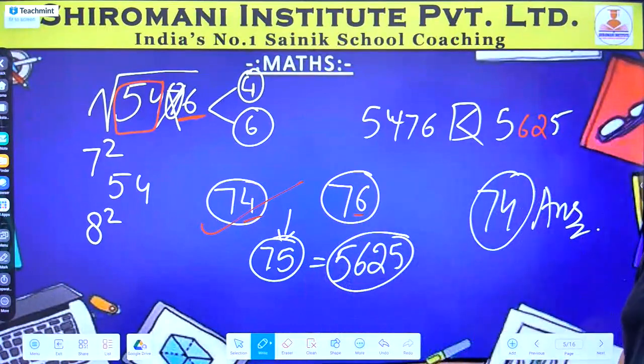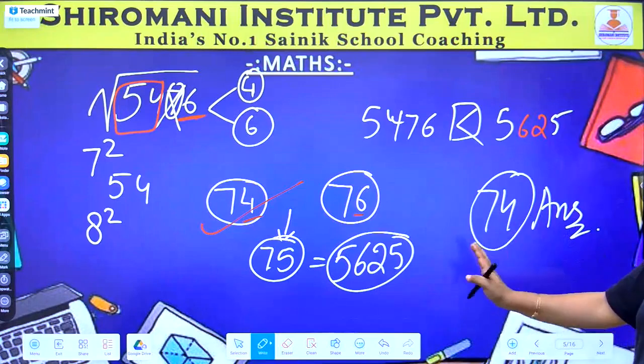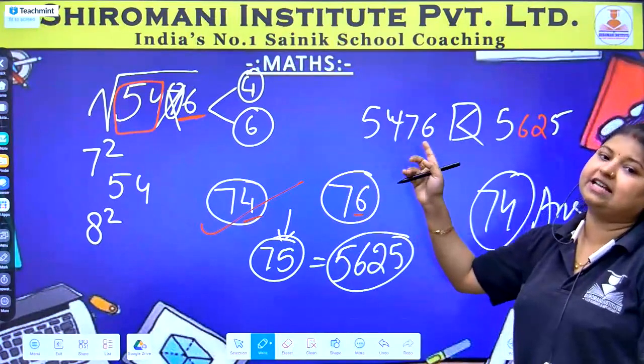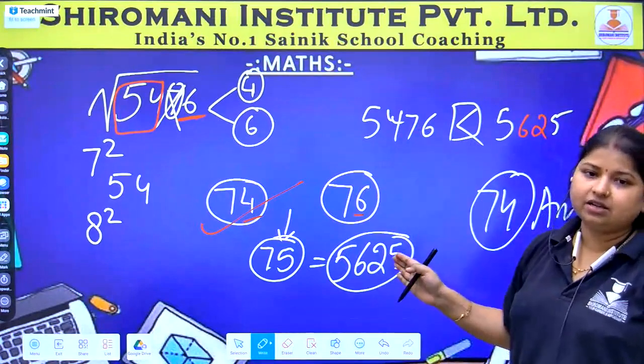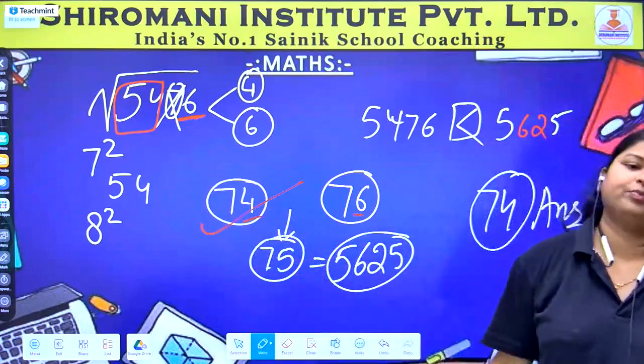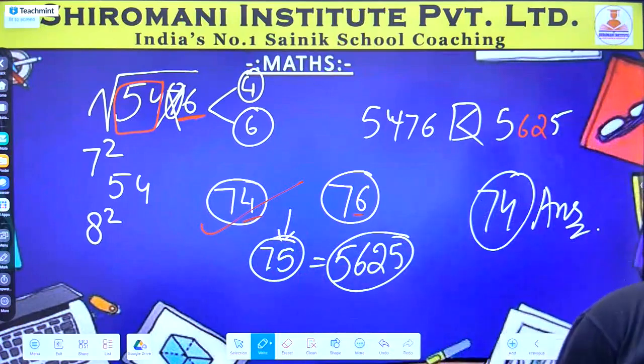Now check whether your question is less than or greater than the result. My question, 5476, is less than the result. So the lesser number will be my answer, that is 74. Got it, Tejas? Yes, ma'am. Thank you, ma'am.